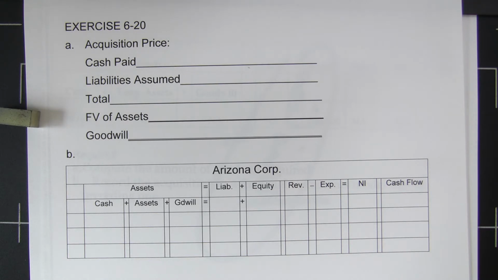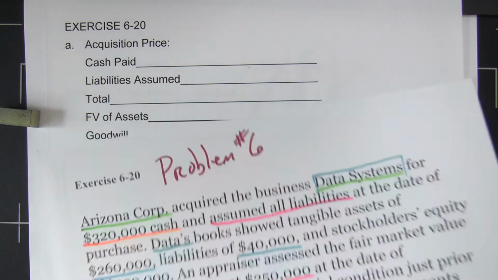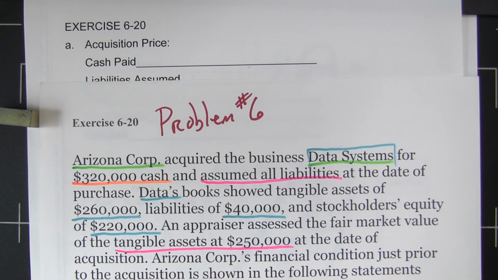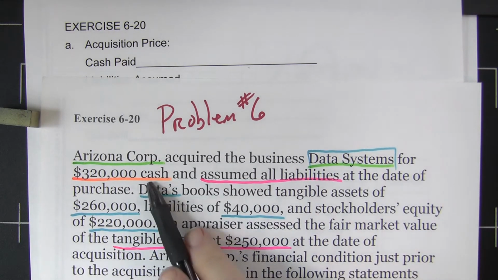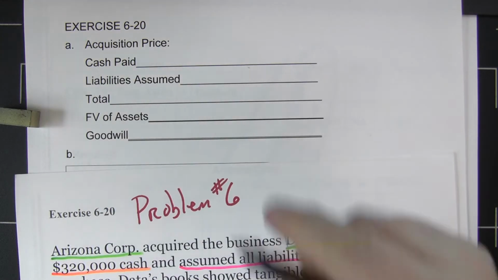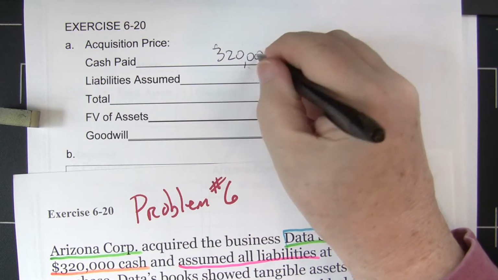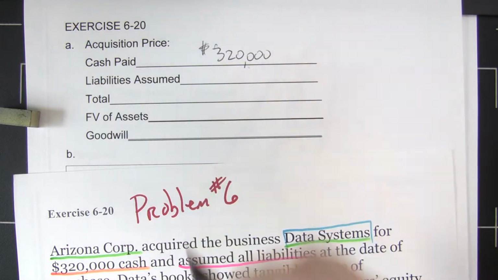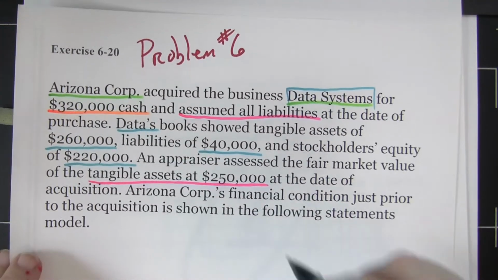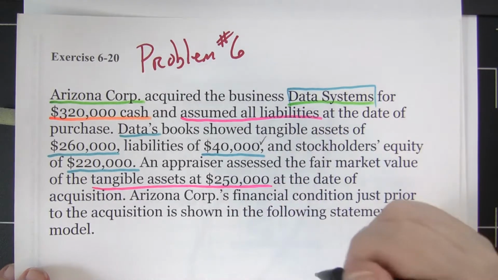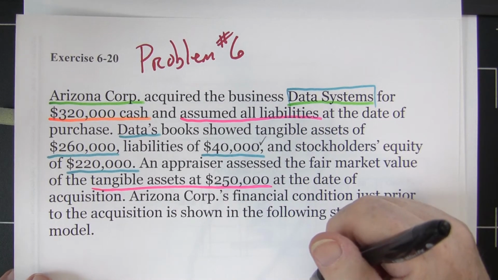Well, looking over at the facts, we paid $320,000 in cash. So that's how much cash we paid. But we're also going to be paying these $40,000 in bills.